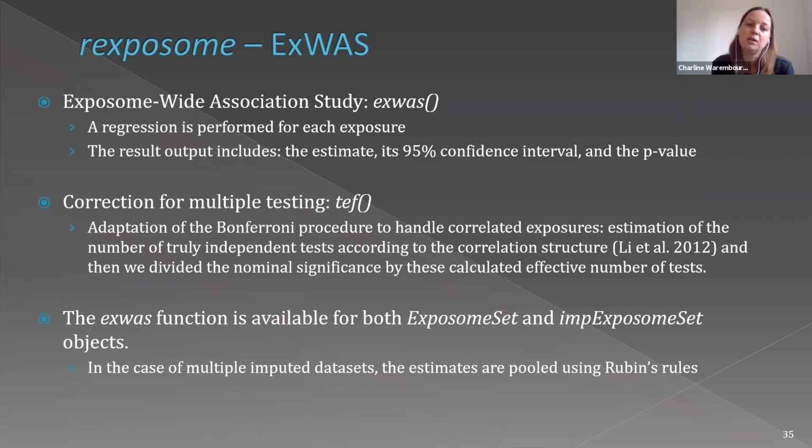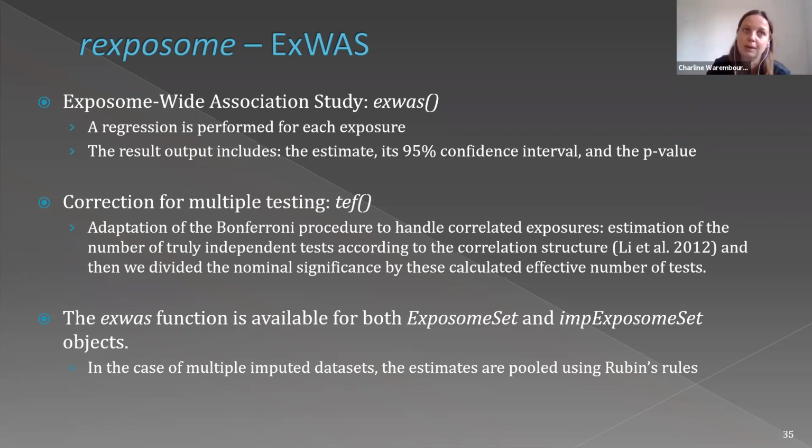With the method we use in rexposome, what we did is to take into account that when we have highly correlated exposures, these tests are not totally independent because of this high correlation. So instead of dividing the 0.05 value by 100, we will divide it by a smaller number defined according to the correlation structure of your data.